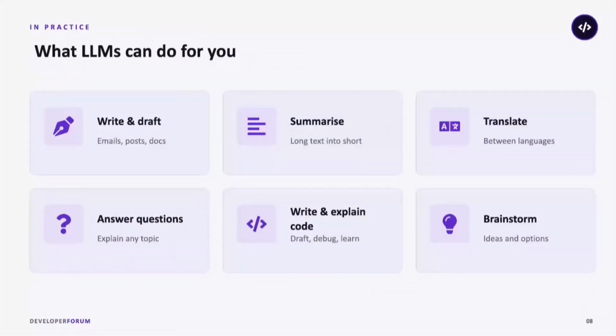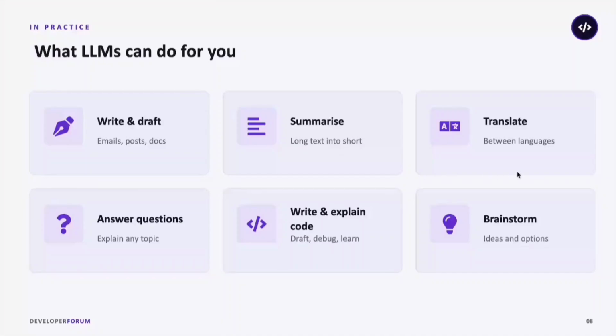Next, let's see what LLMs can do for you. You can write and draft emails, posts, and documentation for your client-related work or your personal work. Then you can summarize an email, a meeting, or a long text into a short answer or a different form of your choice.